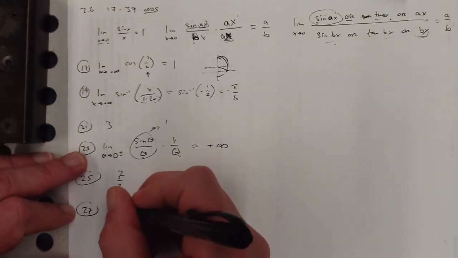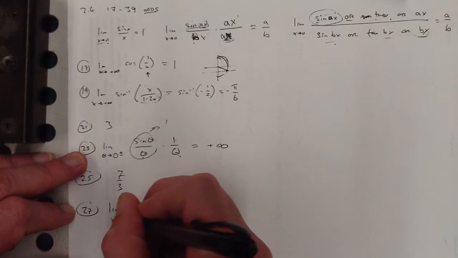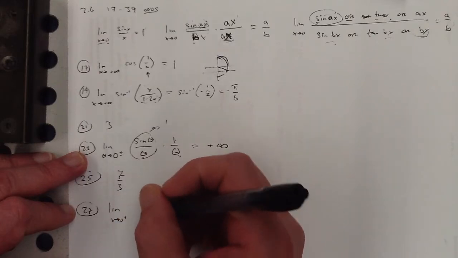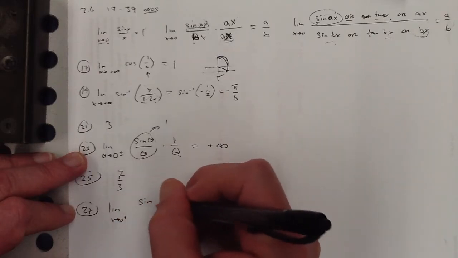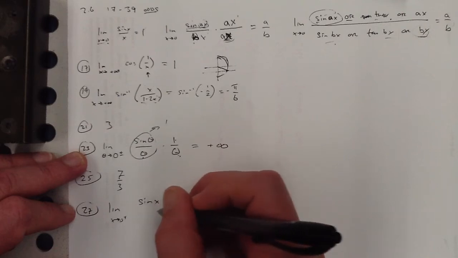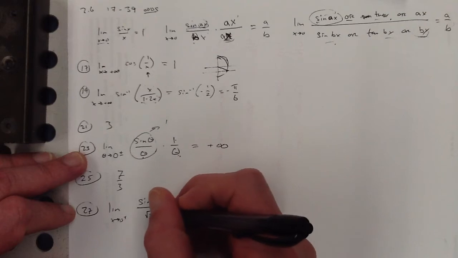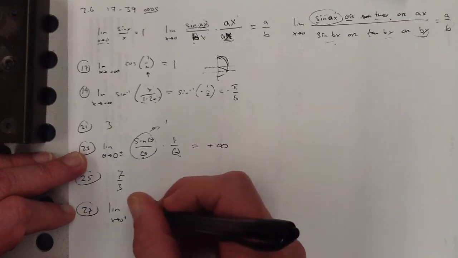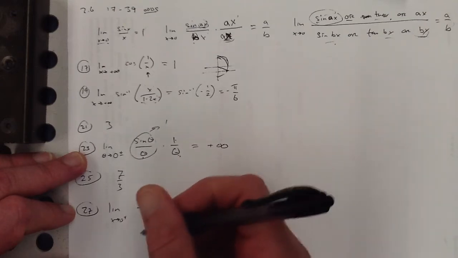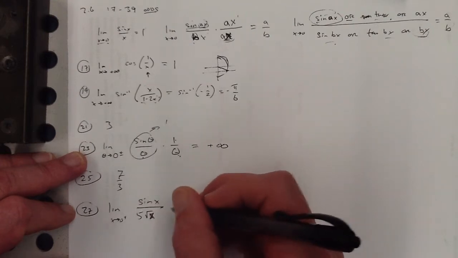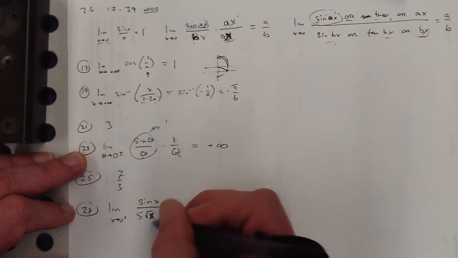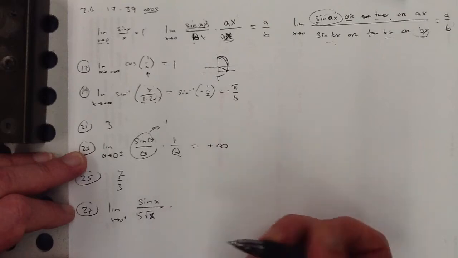so that's the limit as x approaches 0 from the positive side. I've got sine x over the square root of x, and then there's a 5 down there. I can just leave that in there. And so I want this to be like sine x over x. This is like the wrong power.